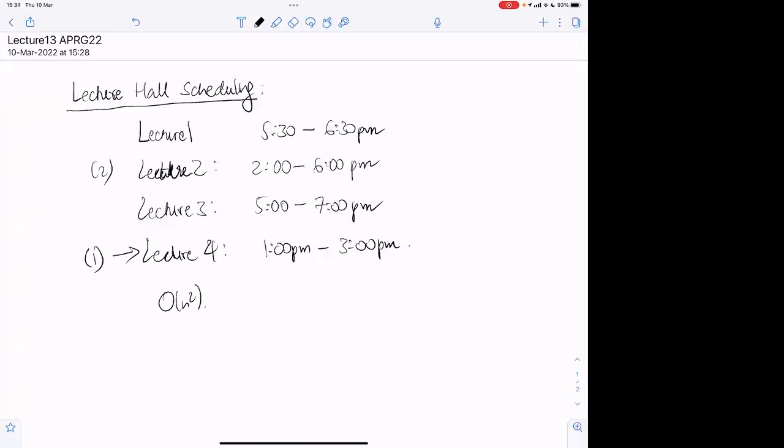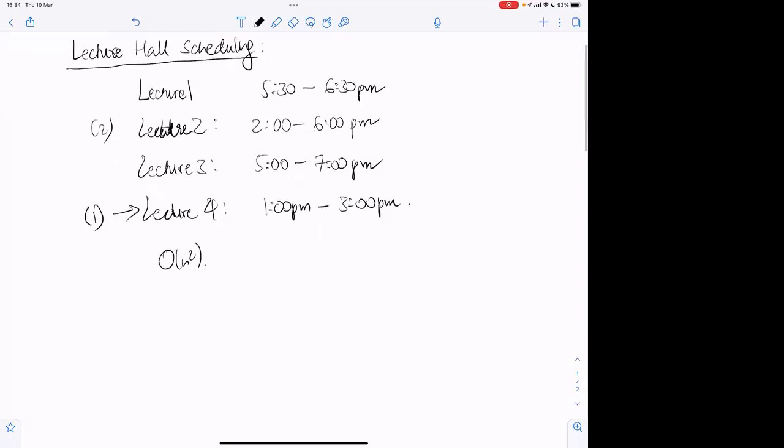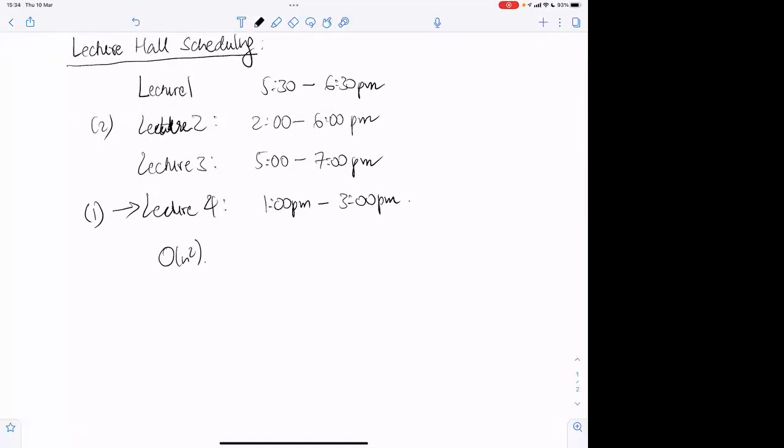Roughly speaking, there are 2 loops, one which finds the immediately next lecture after the currently scheduled lecture, and you give it the first free lecture hall. So some heuristic like this you can apply, and in this case it does work. But there is a nicer way to think about this problem, which is to model it as a graph.